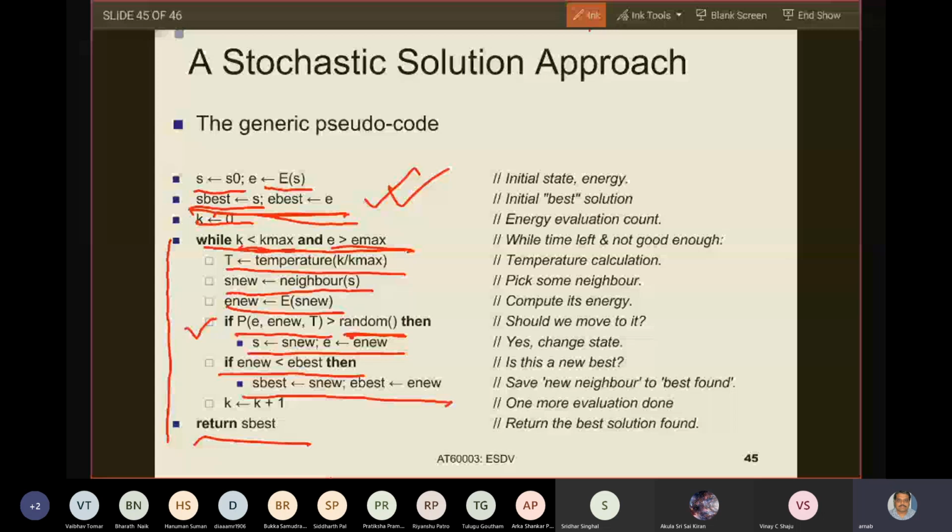Now, if you look a bit closely, it is very similar to state space search. But you can also understand this is not an optimal state space search. It may not give you an optimal solution.